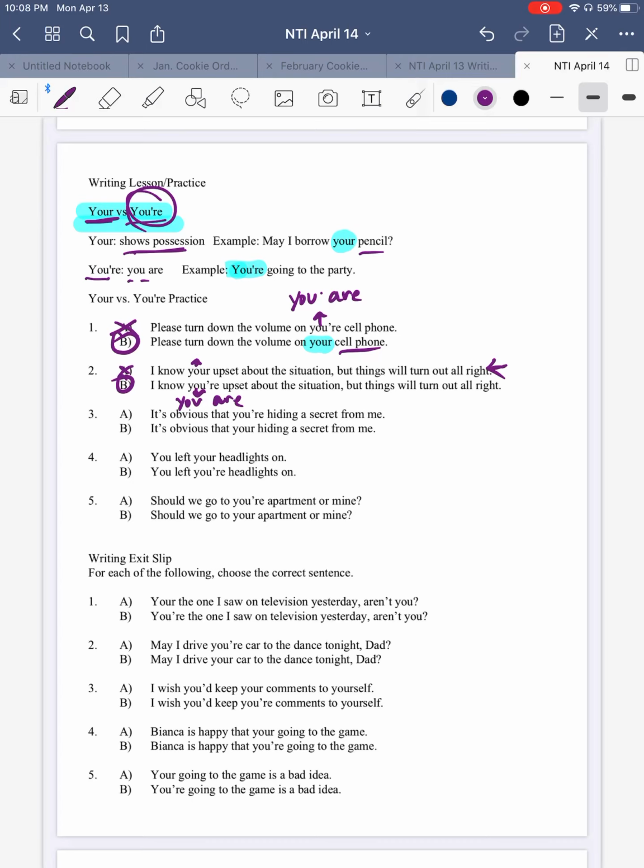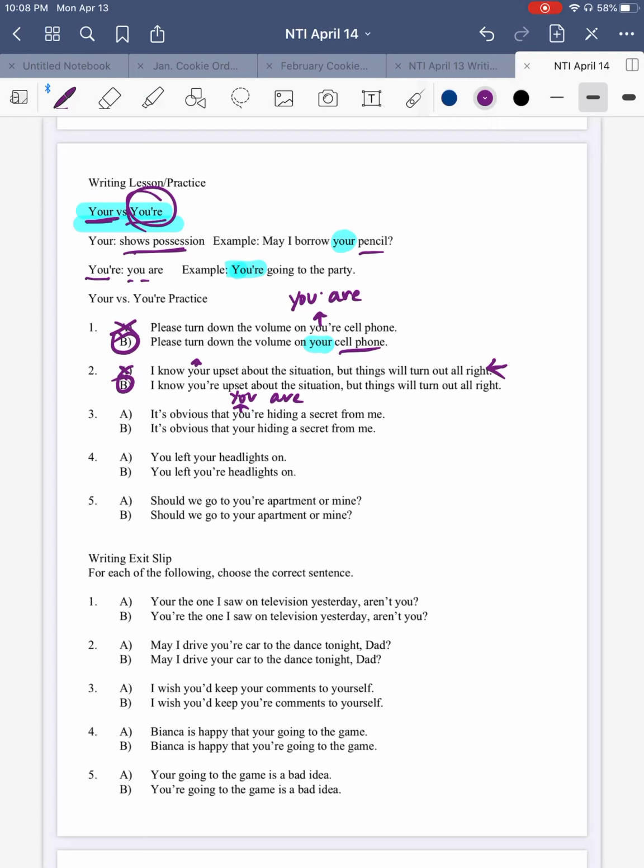Looking at number 3, "It's obvious that you're hiding a secret from me." We can see that one is the contraction, so I'll write that down so I can check it in a second.